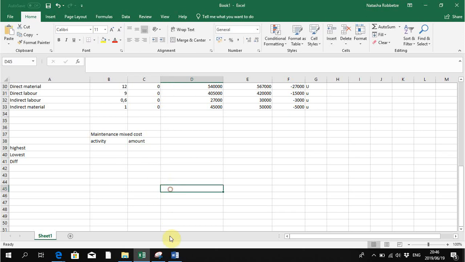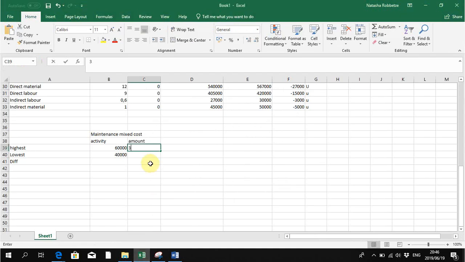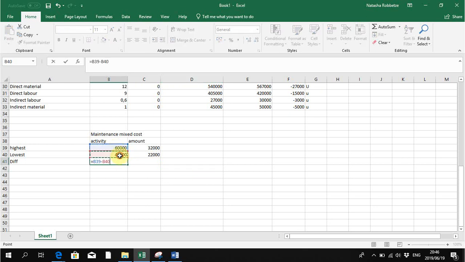If I look at the activities, of course, the highest activity is the 60,000 units. The lowest activity is the 40,000 units in this question. For maintenance and supervision, I see the lowest is 22, the highest is 32. So I'm going to fill it in. So it's 32 the highest amount, 22 the lowest amount. And I'm just going to calculate the difference by saying high minus low.